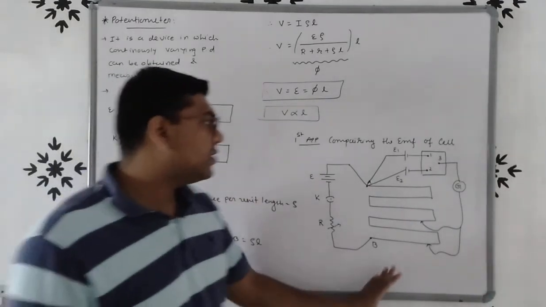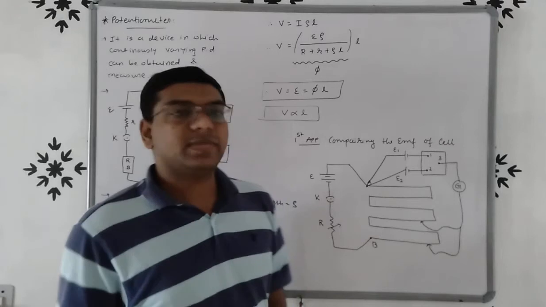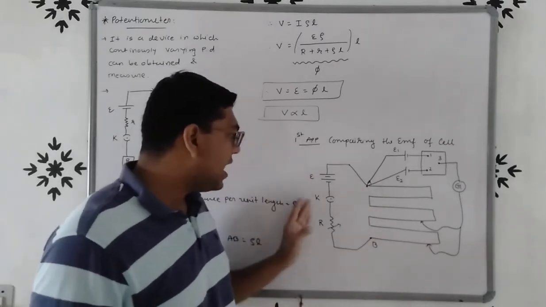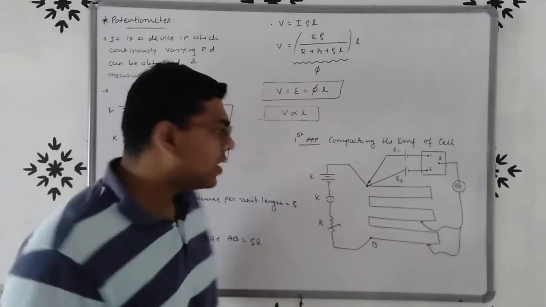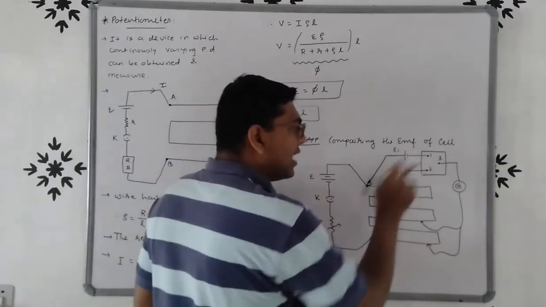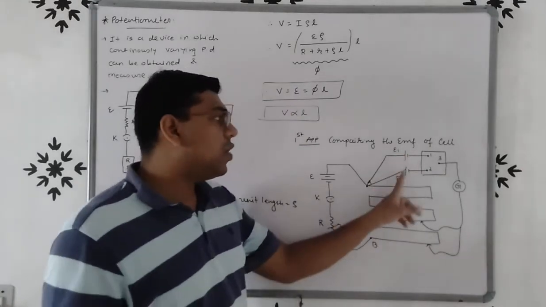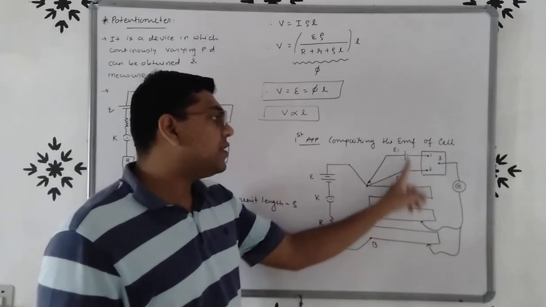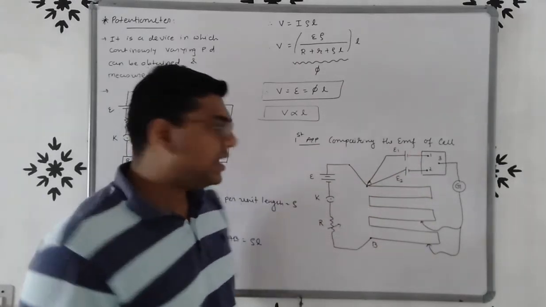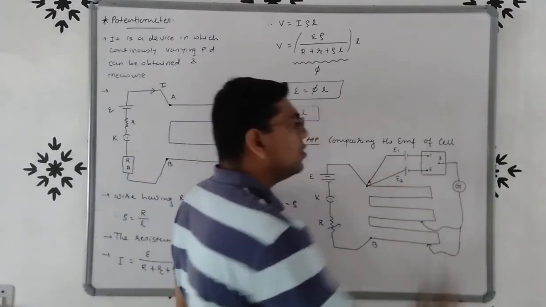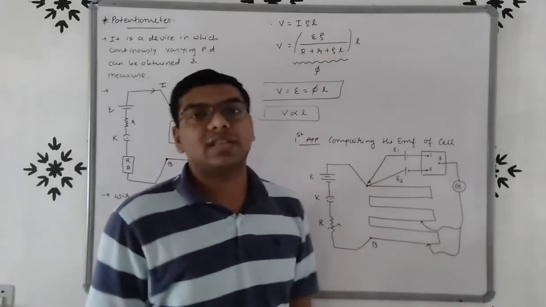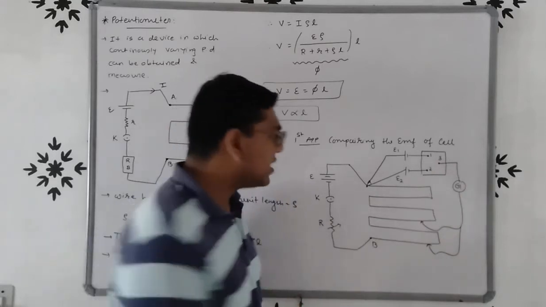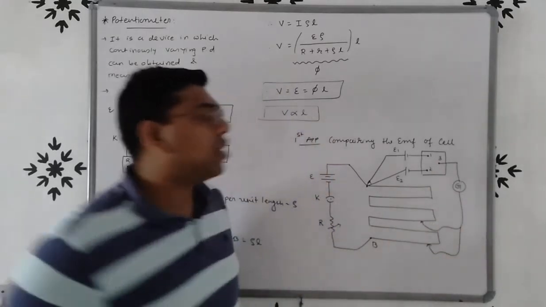Again friends, the wire AB is connected with the battery, key and variable resistor R. Then two batteries are there. The positive terminals are connected to point A and the negative terminals are connected to two terminals of the three-way switch, and the third terminal is connected to the galvanometer and jockey.